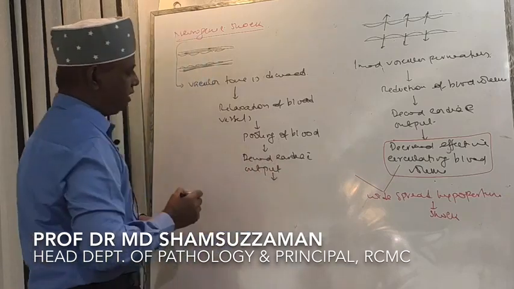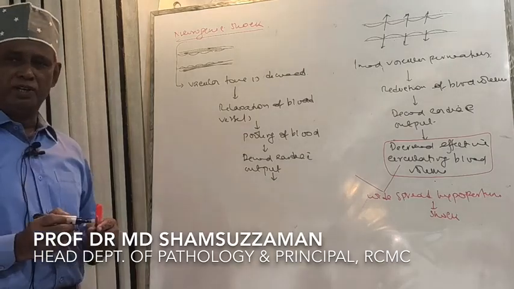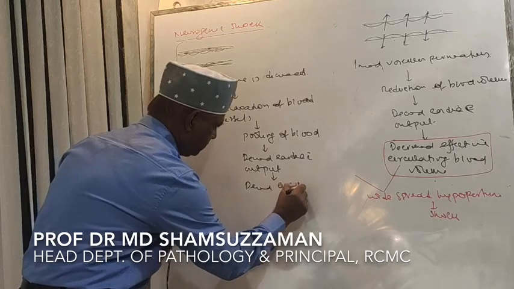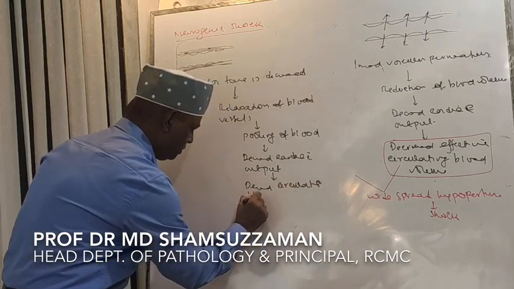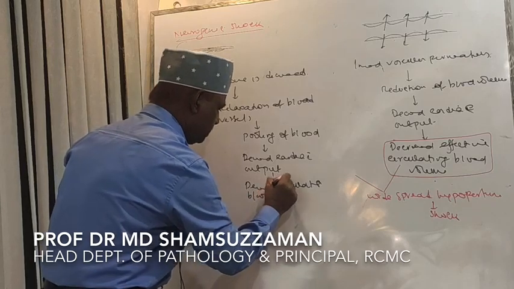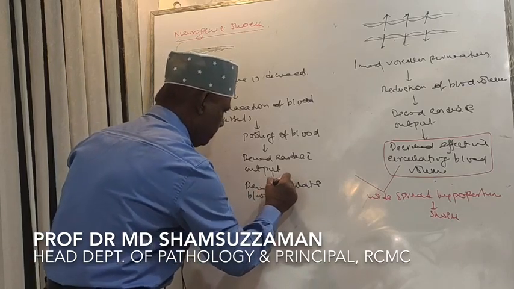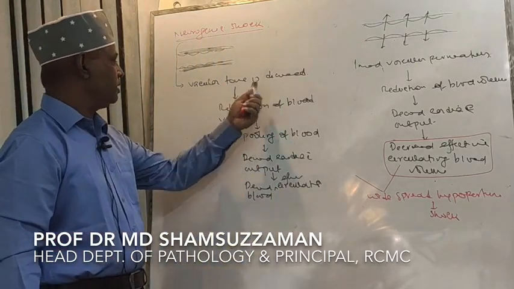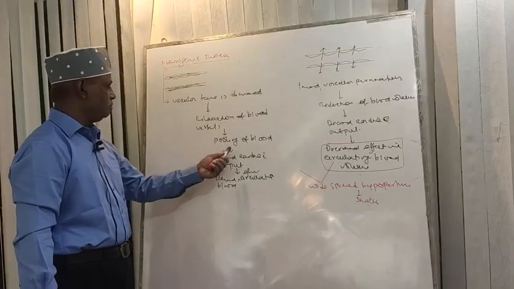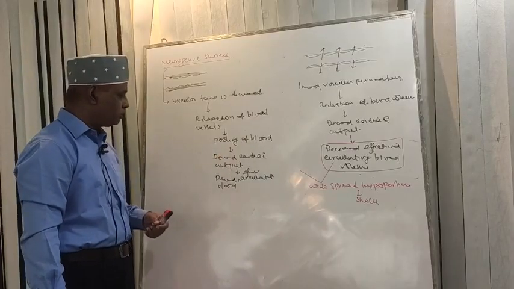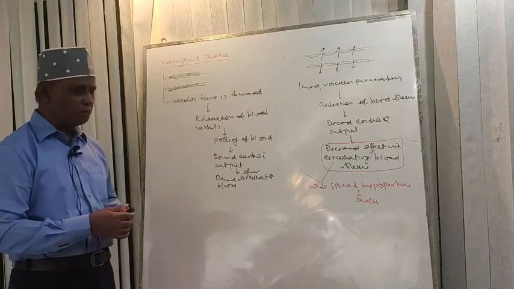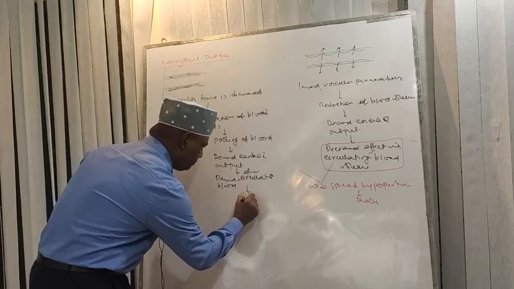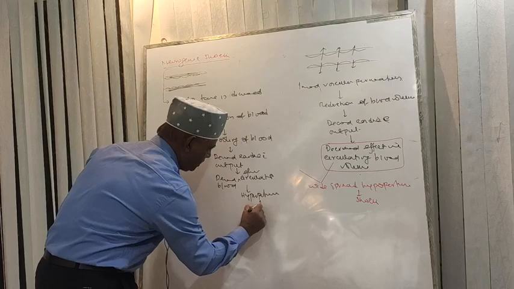As there is decreased cardiac output, there will be decreased effective circulating blood volume. So, vascular tone is decreased, relaxation of blood vessel, pooling of blood, decreased cardiac output, and it will lead to decreased effective circulating blood volume. There will be hypoperfusion, shock.